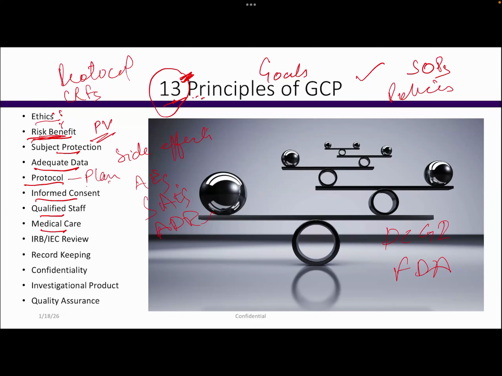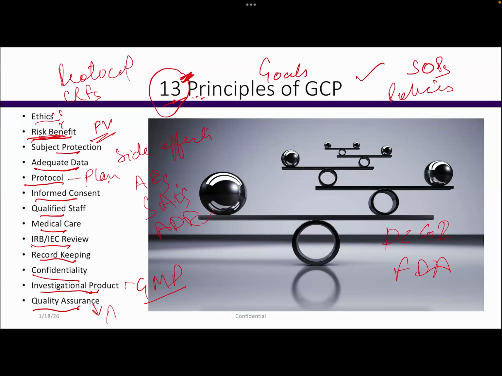If it is a trial for infants, there should be a pediatrician. Ethics committee review, record keeping, confidentiality, investigational product, sufficient information on investigational product, even GMP, good manufacturing process, quality assurance. How do you ensure quality assurance? By audit.